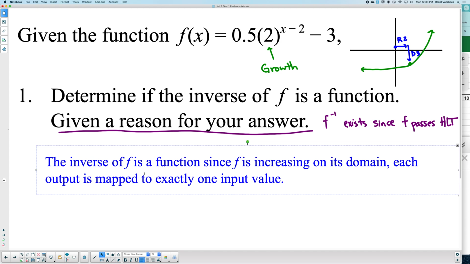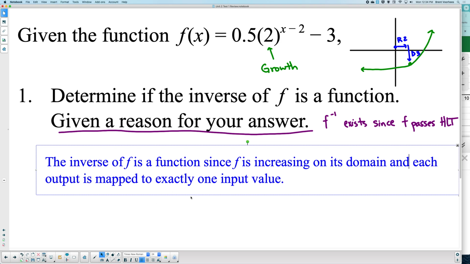The inverse of f is a function since f is increasing on its domain, and each output is mapped to exactly 1 input value. That's how you describe the horizontal line test. Each output is mapped to exactly 1 input.